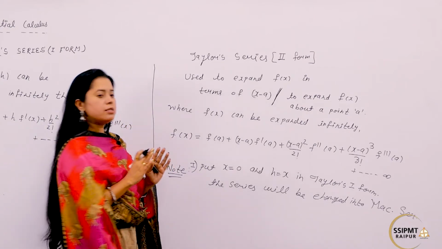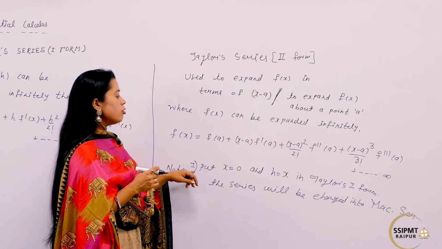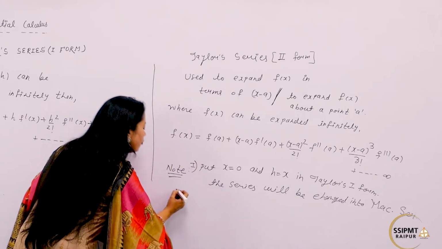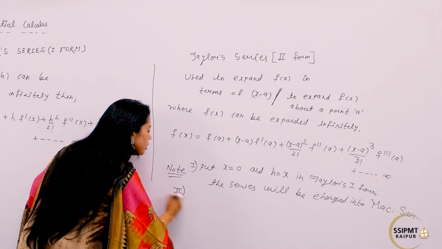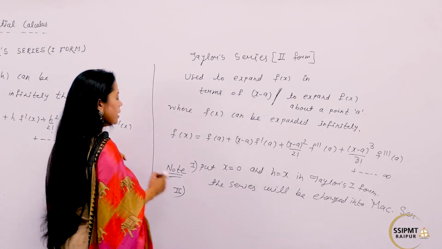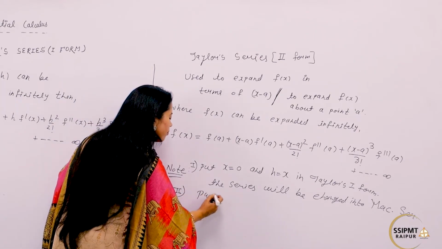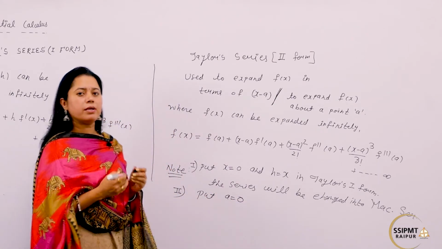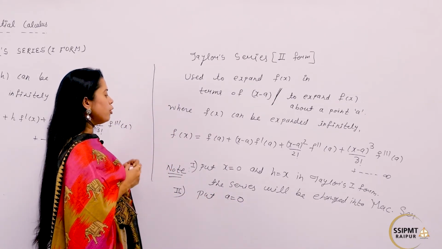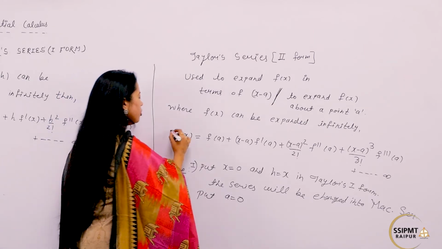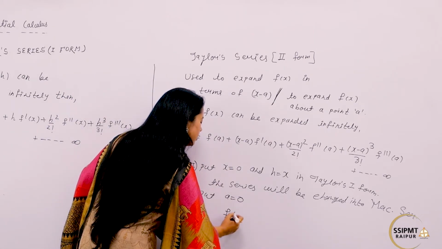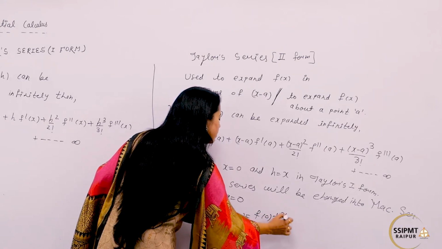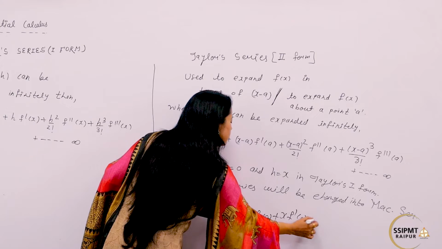That means Maclaurin series is a particular case of Taylor's first form. In similar way, it will also be a particular case of Taylor's second form. If we put a is equal to 0, means if we expand any function about point 0, the series will be of Maclaurin series. f(x) is equal to f(0) plus x f dash 0 and so on.